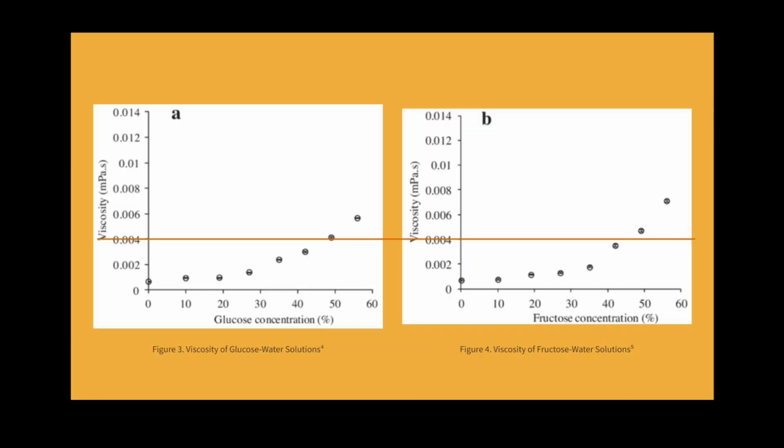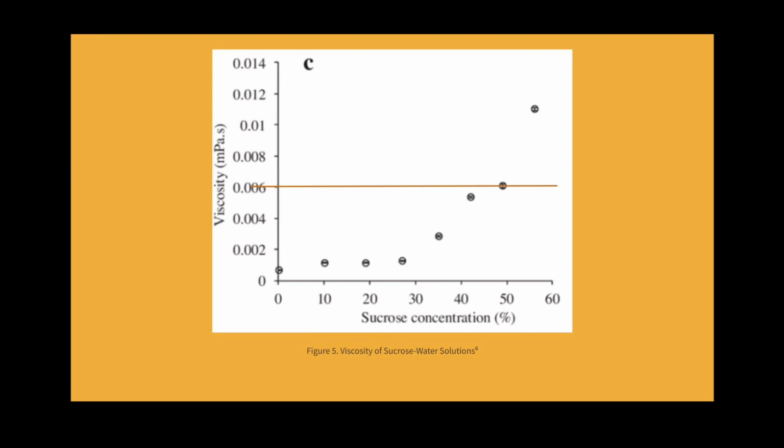These next few slides, I will be showing you some graphs regarding different sugar solutions and how their viscosity changes as the concentration of the sugar in the solution increases. On the left, we have glucose content percent in weight, and on the right, we have fructose. I have a line at 0.004 simply so we can see where the data points are landing relative to the viscosity axis.